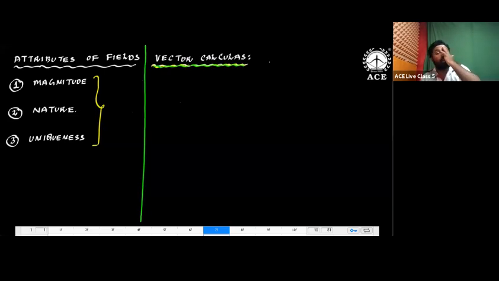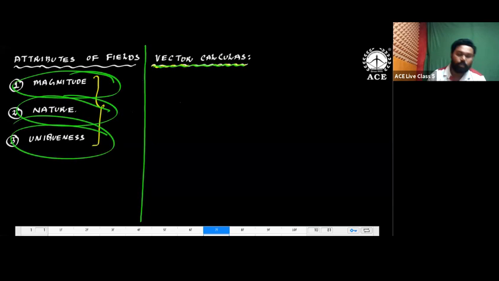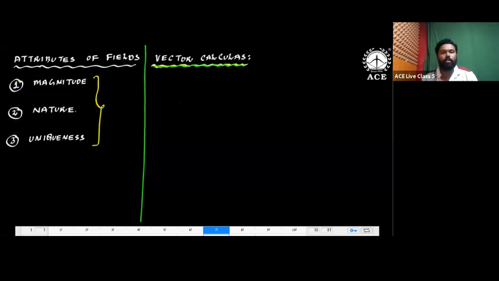What is the vector calculus here? The vector calculus operators are going to measure the magnitude, capture the nature, and define them uniquely. Okay, let me write down what we're going to do.